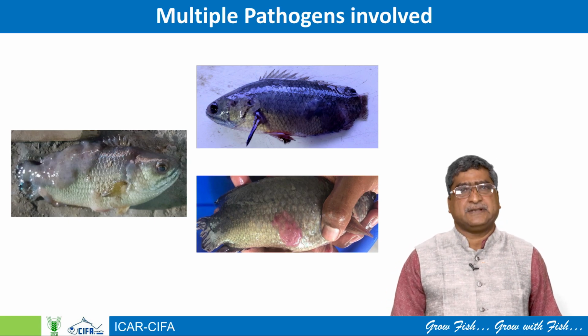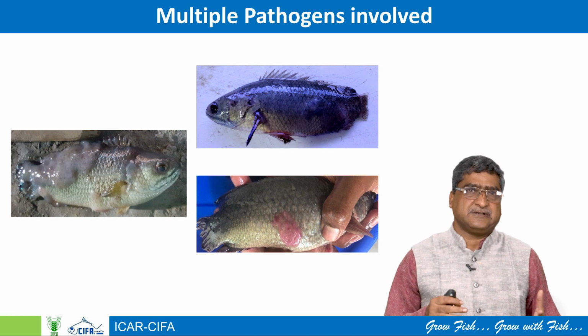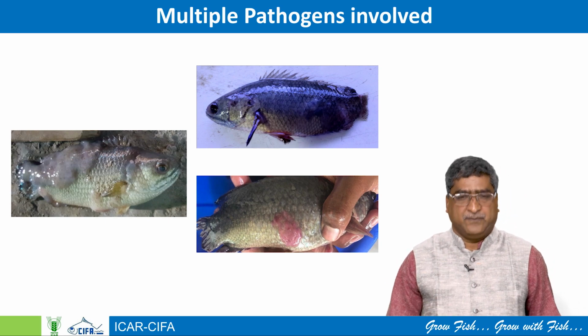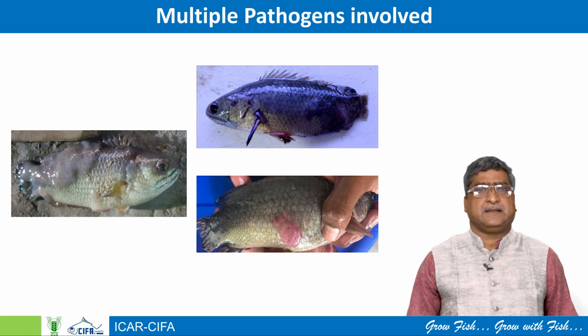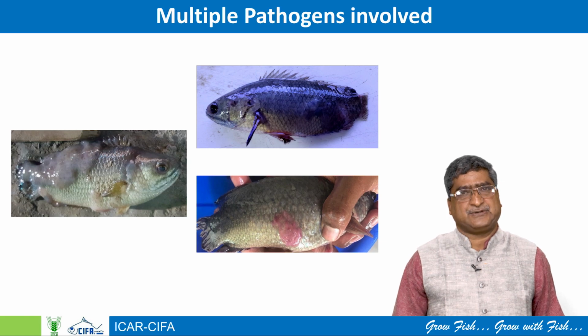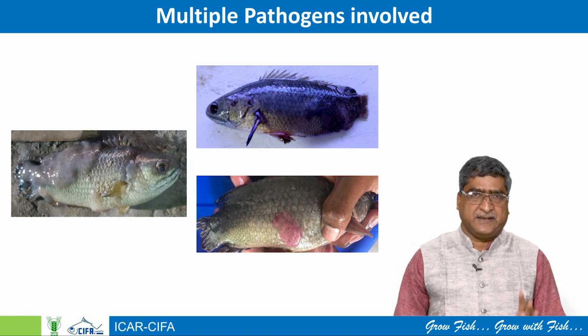They grow on these wounds, and multiple pathogens are normally involved in such biofloc system animals. Usually the important species that we grow are affected with a number of pathogens, and the viruses induce secondary infection with fungi and bacteria.